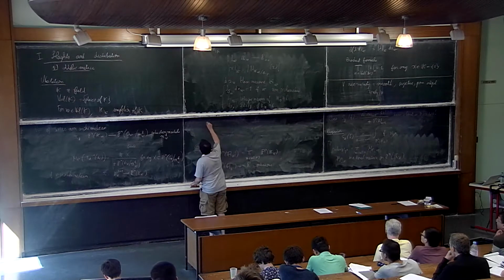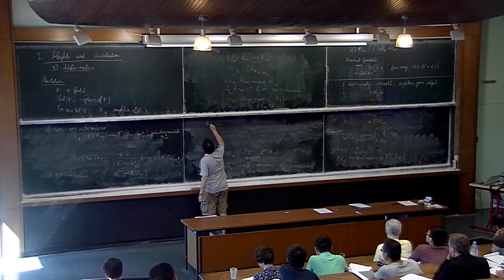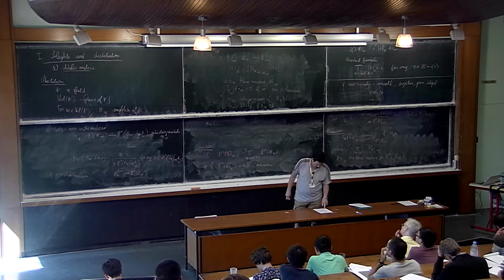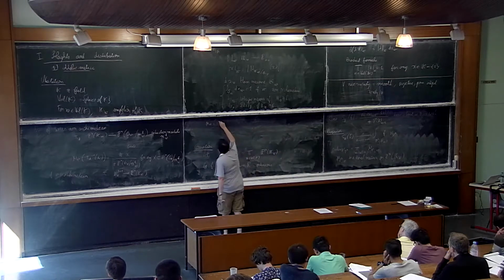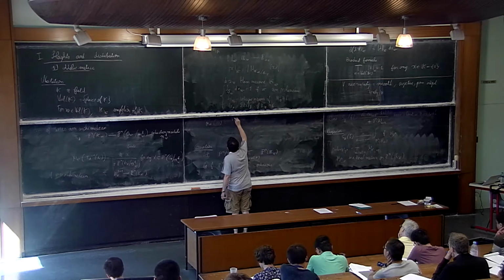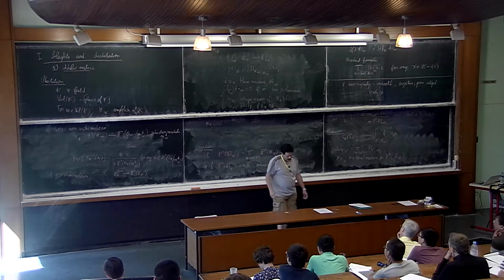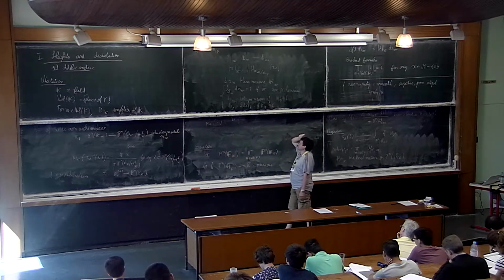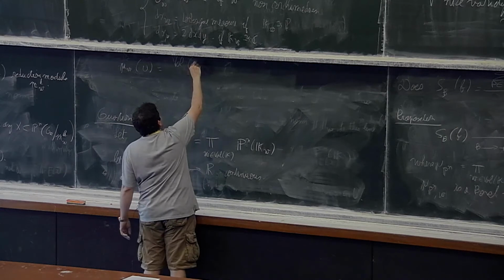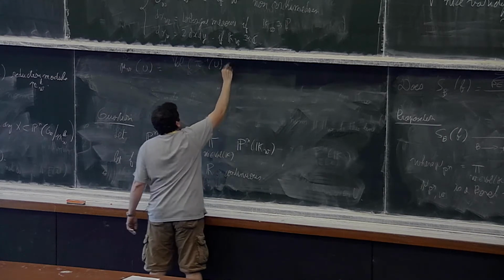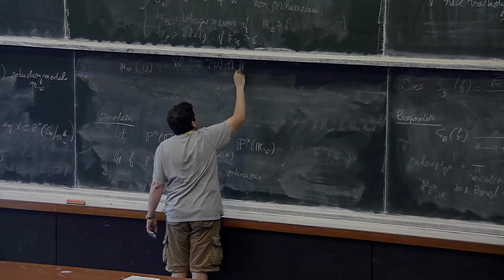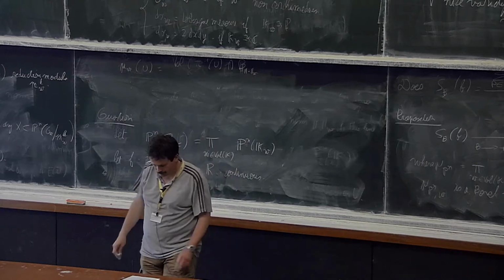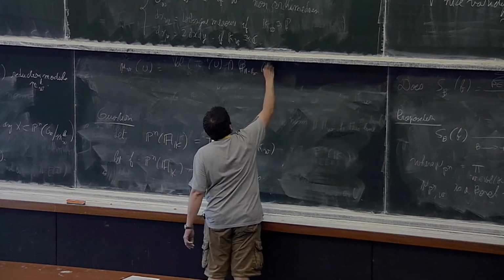And mu W of some set U will be simply the volume, some Euclidean volume, it doesn't matter which one, of pi minus 1 of U intersected with the ball for the norm W I chose at this particular place of 1.